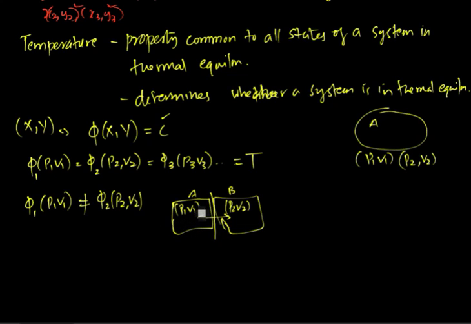So if the temperature of the system A and the temperature of the system B, when system A is in the state characterized by the pressure and volume P1 V1 and B by P2 V2, then there is a net flow of energy between the system A and system B, and this energy is the thermal energy or heat energy.